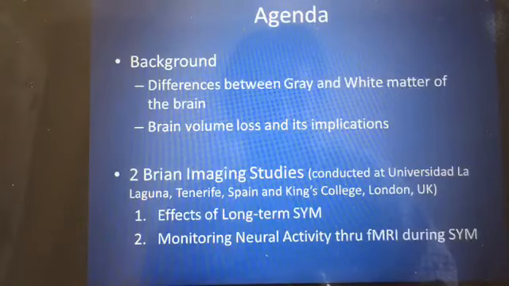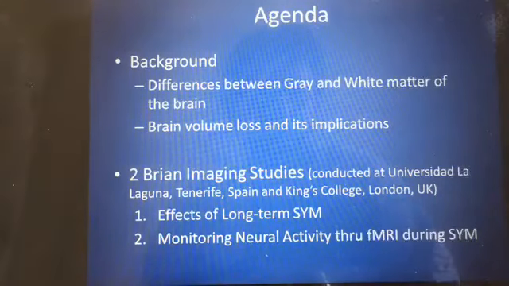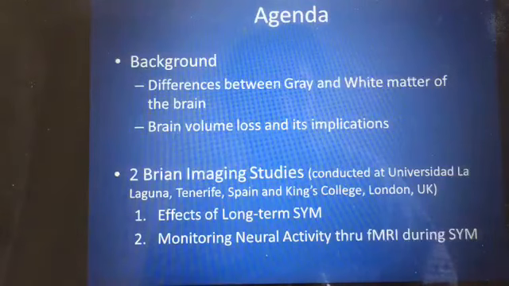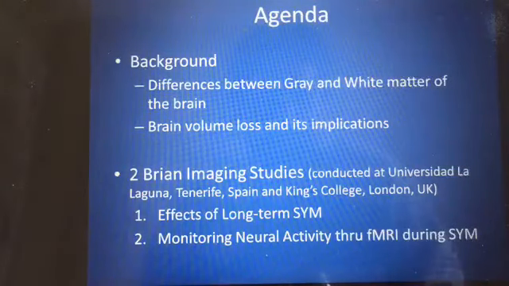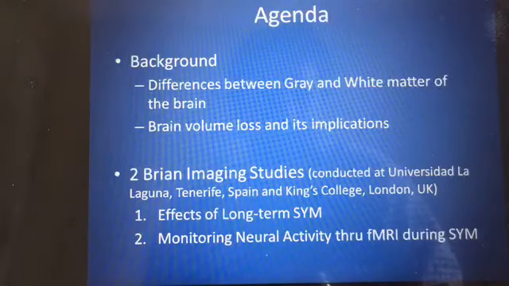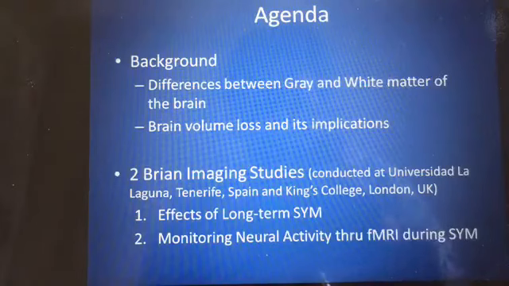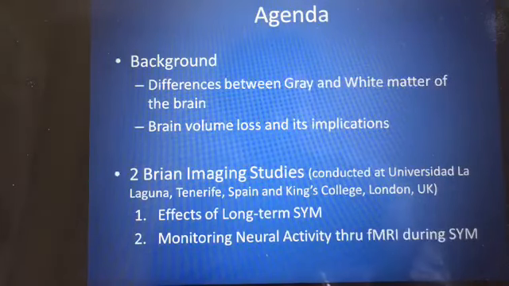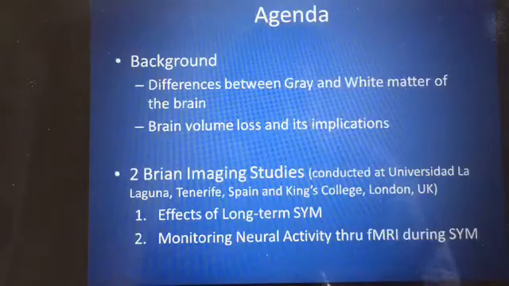Then we'll take a look at the two imaging studies, and we shall take it from there. It's important to get a little bit of background between the gray and white matter differences of the brain as well as brain volume loss in order to be able to put these studies into context.